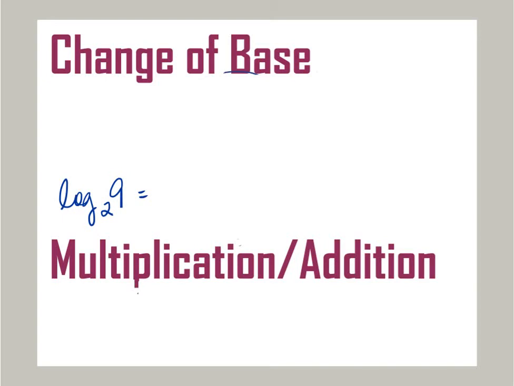And the way that I do that is this. If I have log base a of b, the change of base formula, the change of base rule, if you will, allows me to change the base of a logarithm and find a quotient. So if I used natural log, I could use the natural log of b over the natural log of a, and that would give me the answer that I seek.